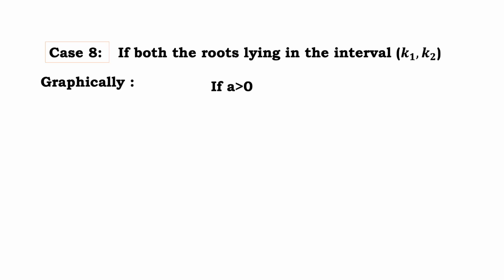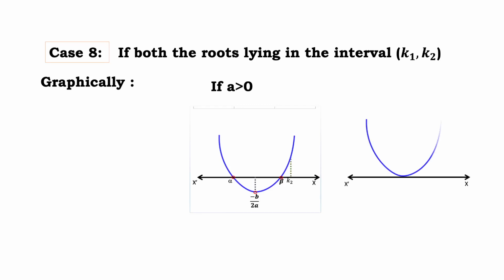Next case, both the roots lying in the interval alpha and beta, right? So in this case, discriminant D greater than or equal to 0. Both the roots are lying in the interval of k1 and k2.